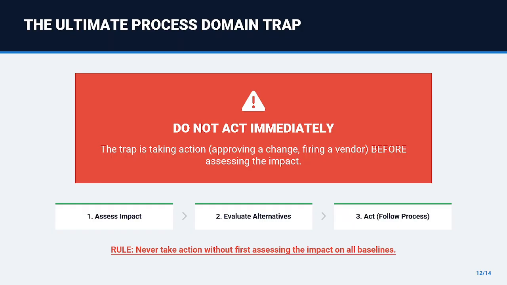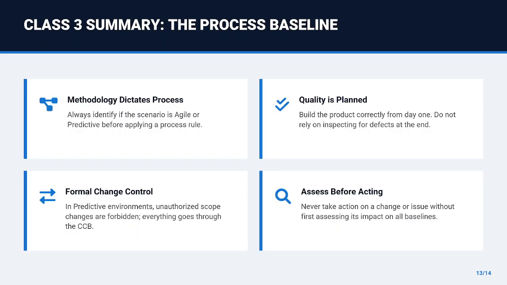Here is the ultimate trap for the process domain. The exam will present a crisis and offer an answer choice that takes immediate action, like instantly approving a change or immediately firing a vendor.